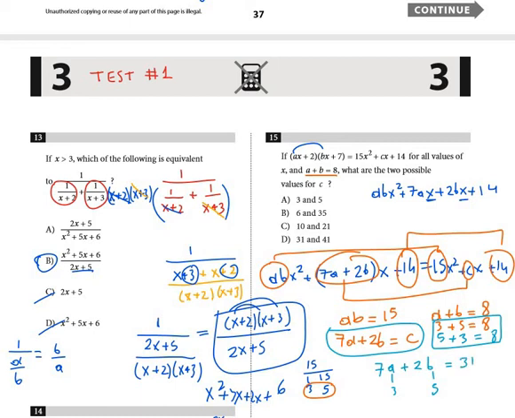Or a is 5 and b is 3. In this case, it's going to be 7 times 5 is 35, plus 2 times 3 is 6, and 6 plus 35 is 41. So we know that c is either 31 or 41. So the answer is D.